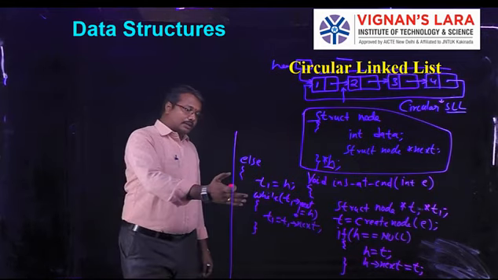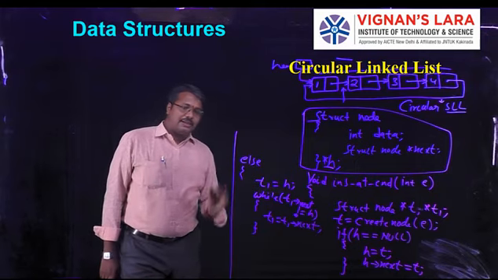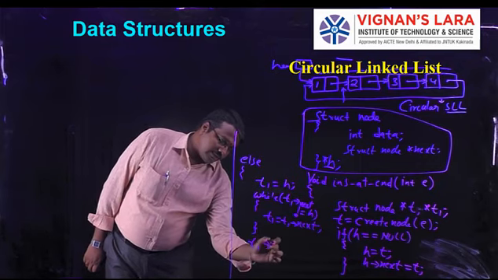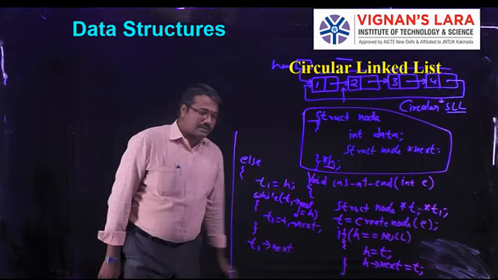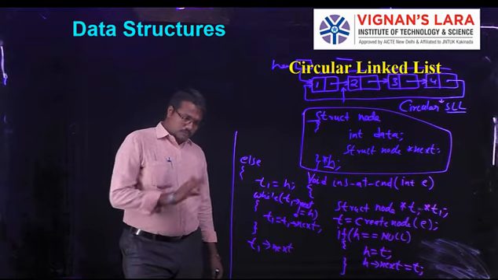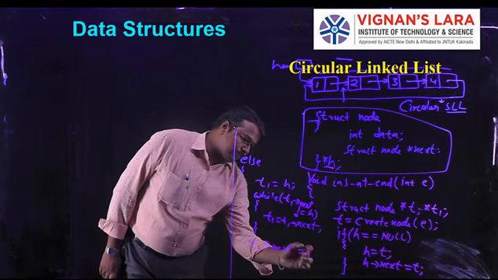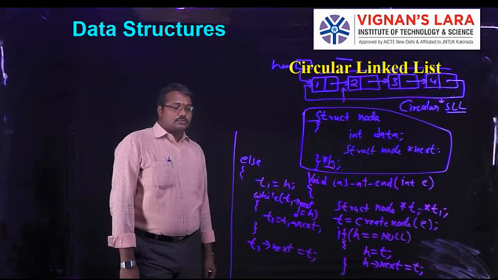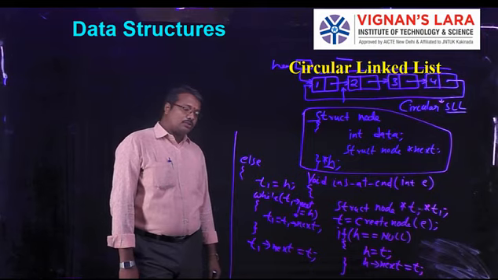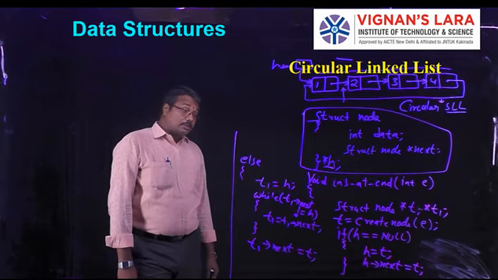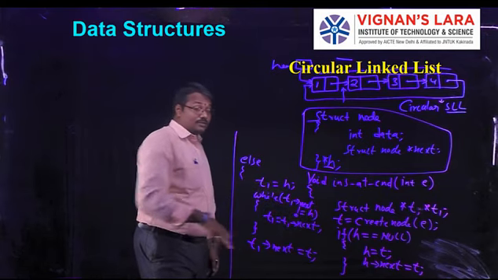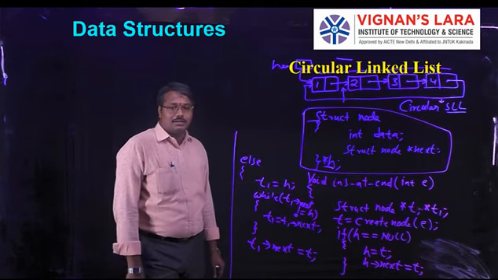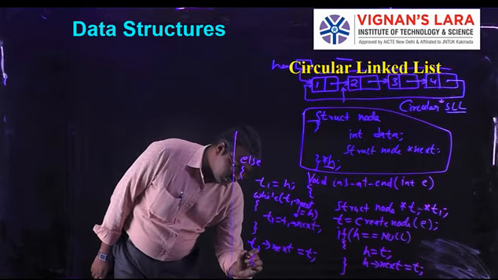After iterating this loop, T1 definitely consists of the last node address. In the last node, the next field should consist of our newly created element, that is T. So T1 of next is equal to T. But the create node function here also puts null in the next field, so here I have to do some manipulation.